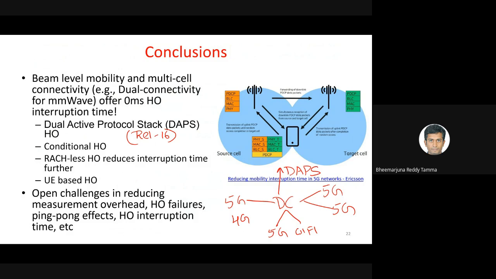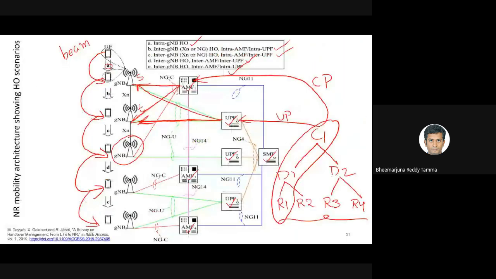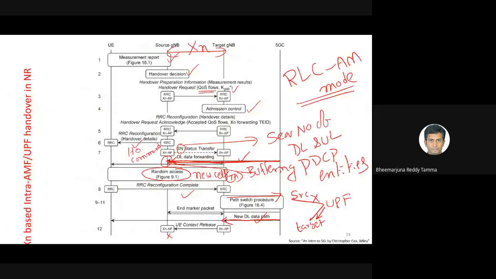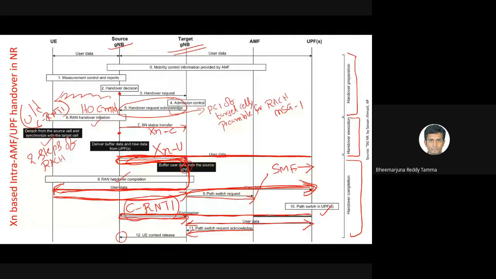So what is being conveyed in this illustration is, if you look at this region, the user equipment stops transmitting any data after it receives the handover command.